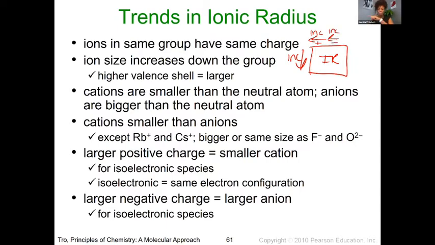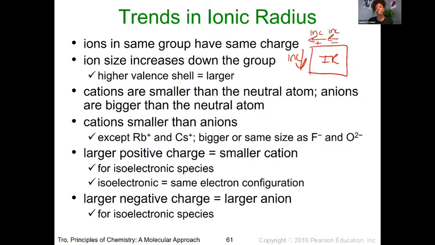However, notice it's not one trend, so that you don't think a cation is bigger than an anion. Typically, the larger the positive charge, the smaller the ion will be. If you're looking at something in the same row with a +1 charge versus a +3, the +3 will be much smaller.